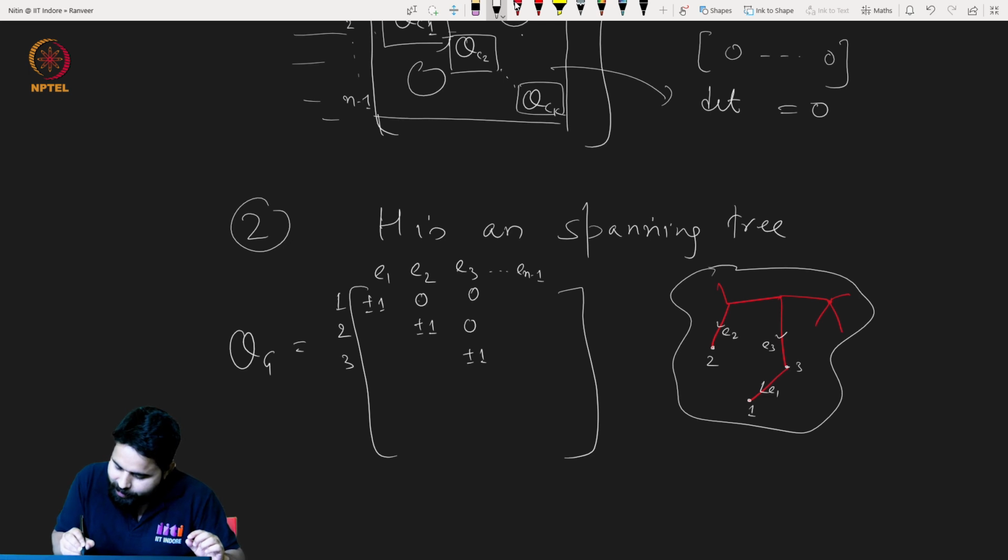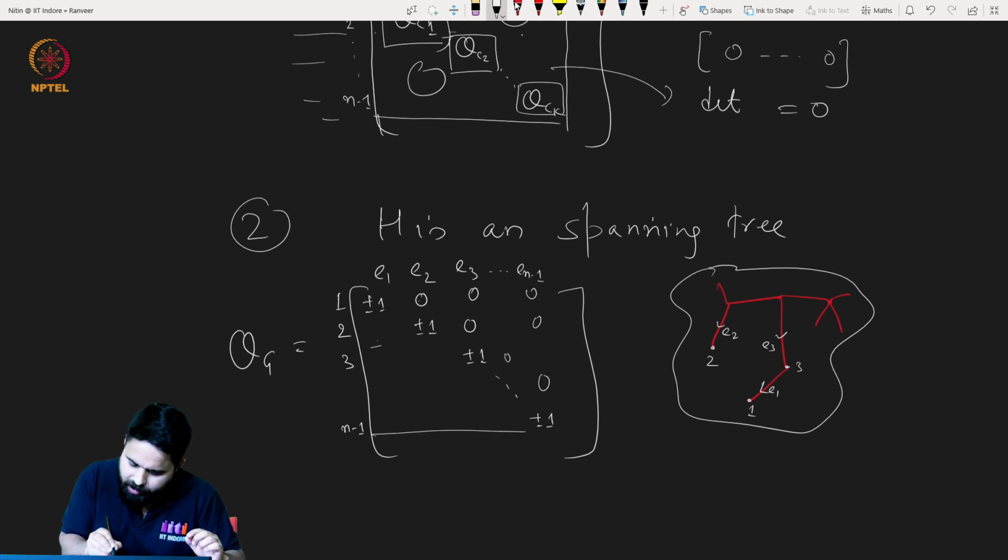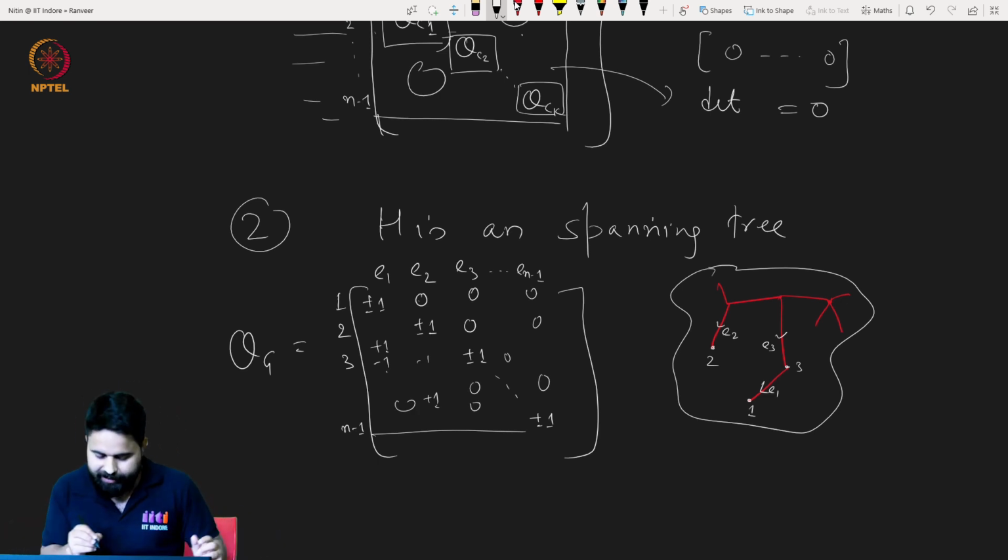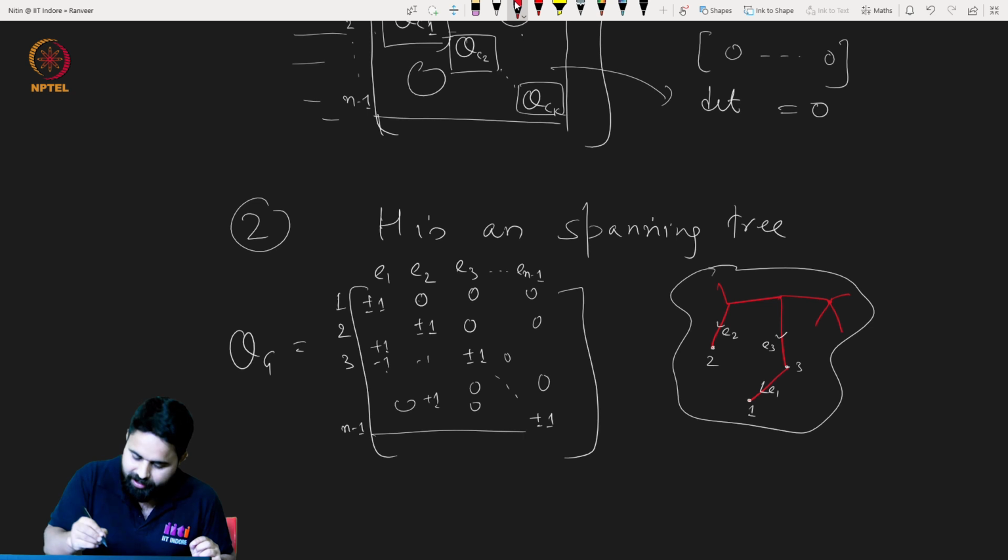You will always get this plus minus 1 stuff. Dot dot dot, everywhere here it will be 0, and the rest of the places will be plus 1 or minus 1. So this matrix is nothing but this matrix.